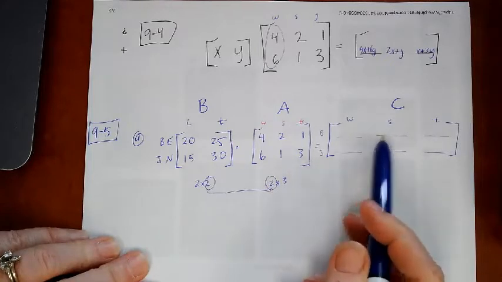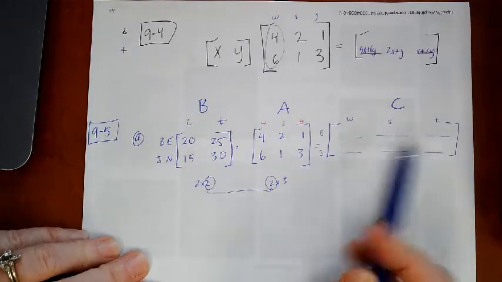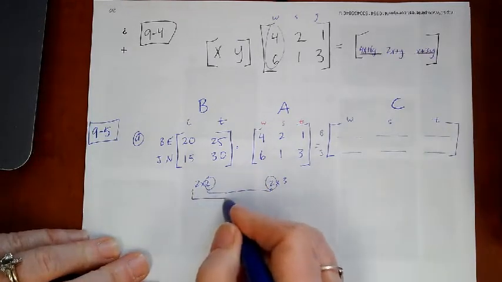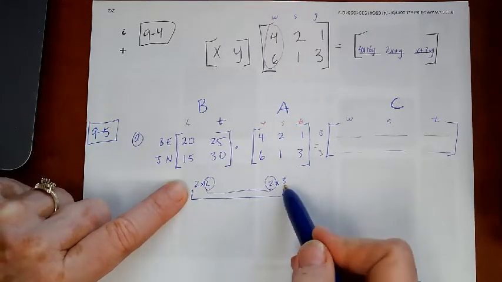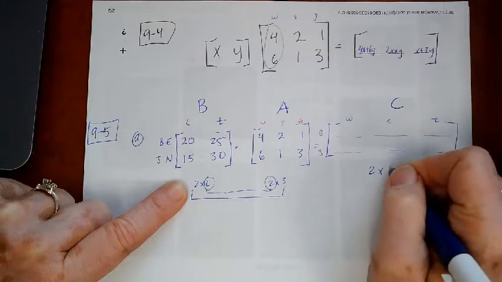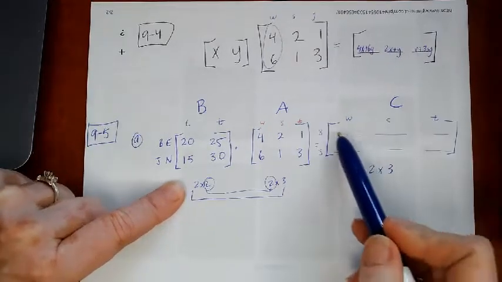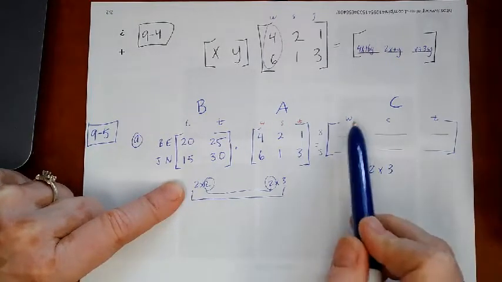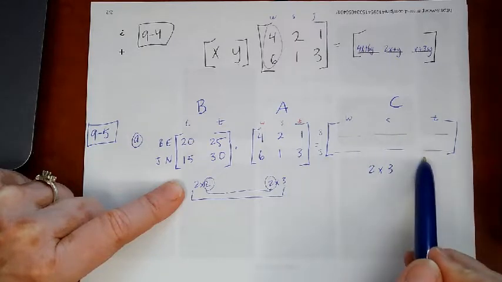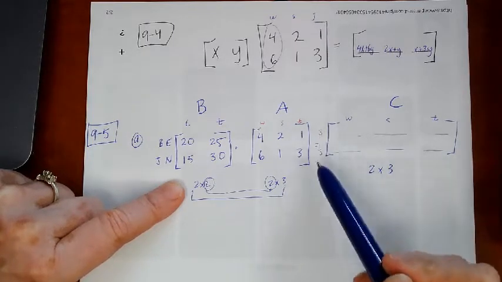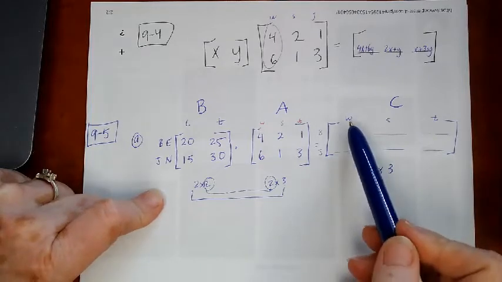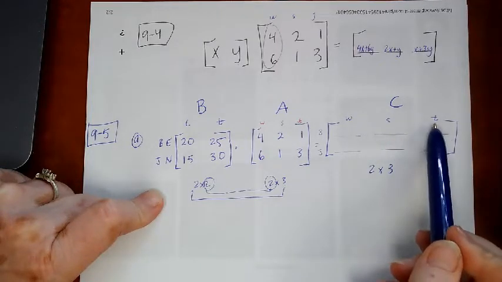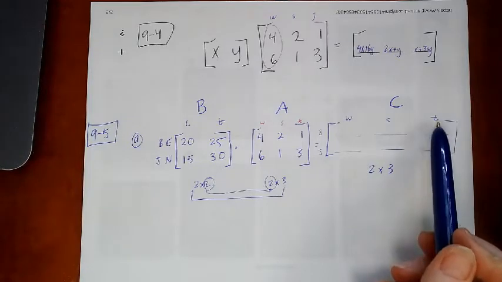And notice that my answer matrix, or my product matrix, has the dimensions of 2 by 3. This is a 2 by 3 matrix, meaning it has 2 rows and 3 columns. And so I just put B for Bullseye, J for J.C. Nichols, and I wrote wheels, seats, and gas tanks.